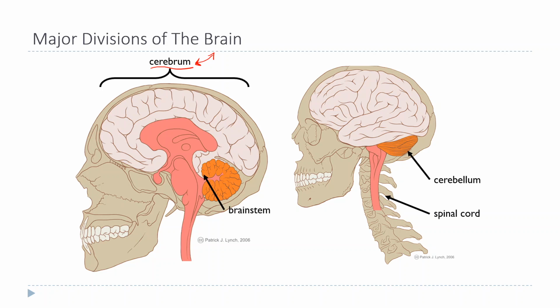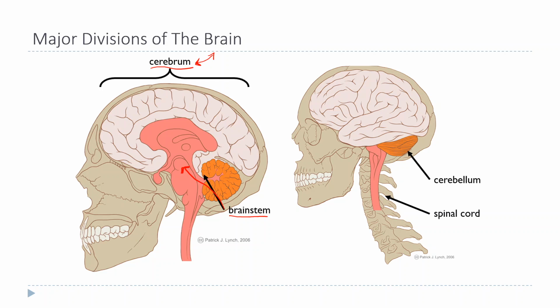And then the brain stem, which actually is kind of pointing to the wrong thing here. This pink area here is really the brain stem. And in a way, the brain stem is just everything underneath the cerebrum. So all the stuff underneath the cerebral cortex and then connecting eventually to the spinal cord.